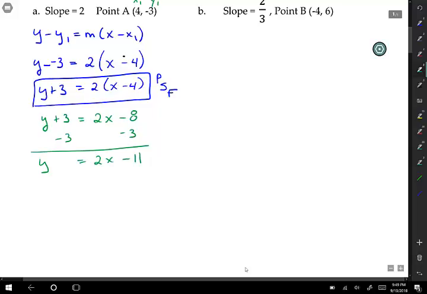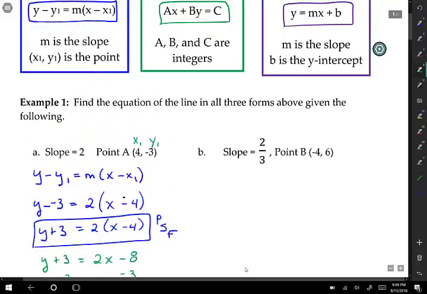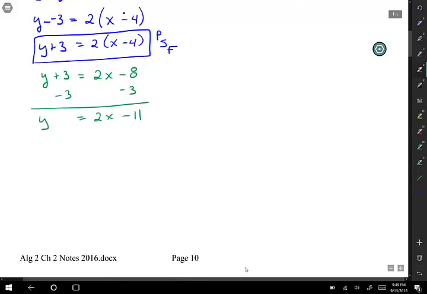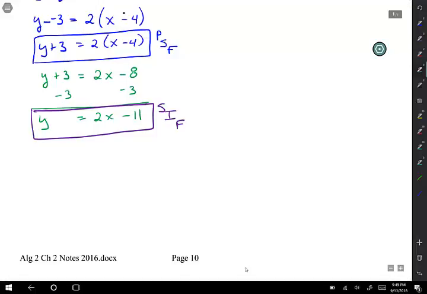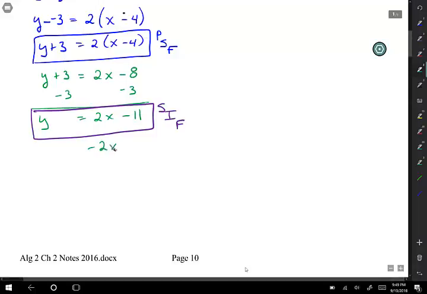I'm going to pause here because without realizing it, we've instantly jumped to slope-intercept form, because m is 2 and the intercept is negative 11. Going from here to standard form is very simple. We subtract 2x from both sides.